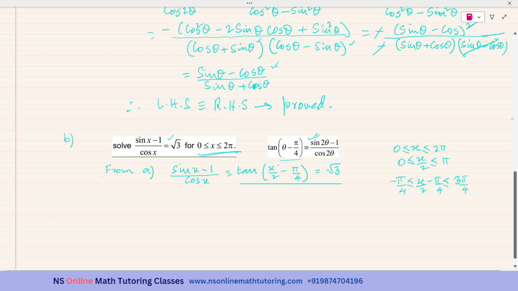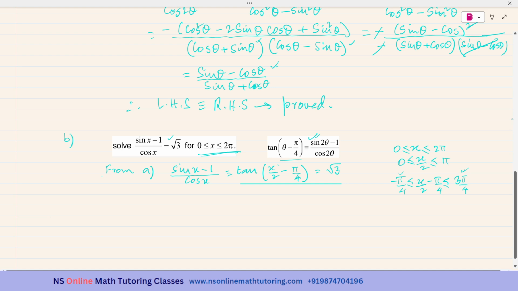So therefore it is covering a part of the fourth quadrant, and it is covering the first quadrant totally and a part of the second quadrant, and tan is positive in the first quadrant and in the third quadrant. It is not including the third quadrant, so we have to take the angle from the first quadrant.